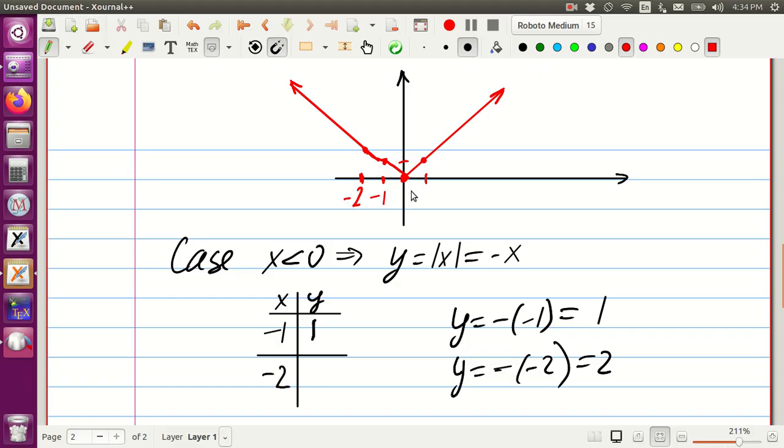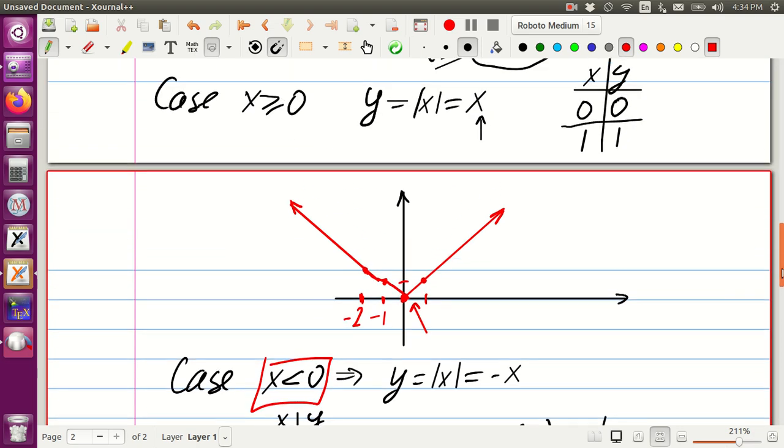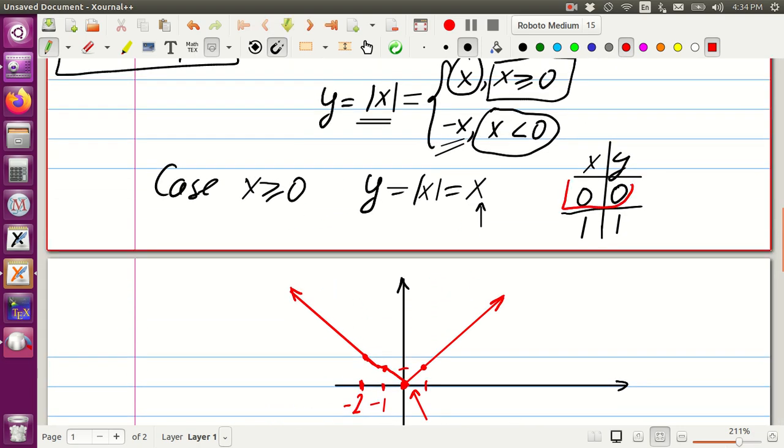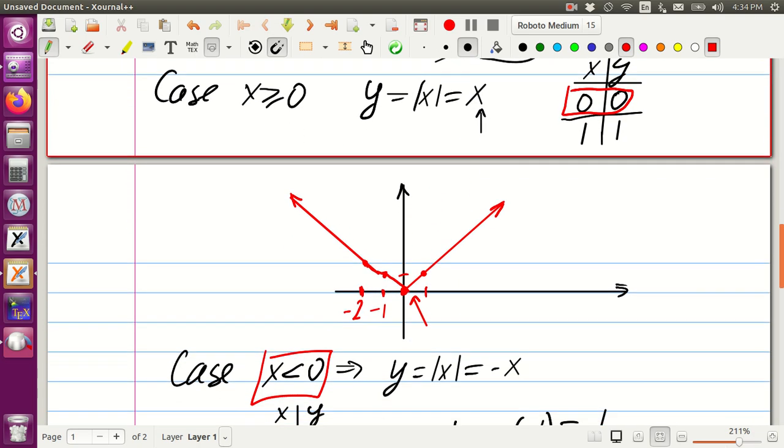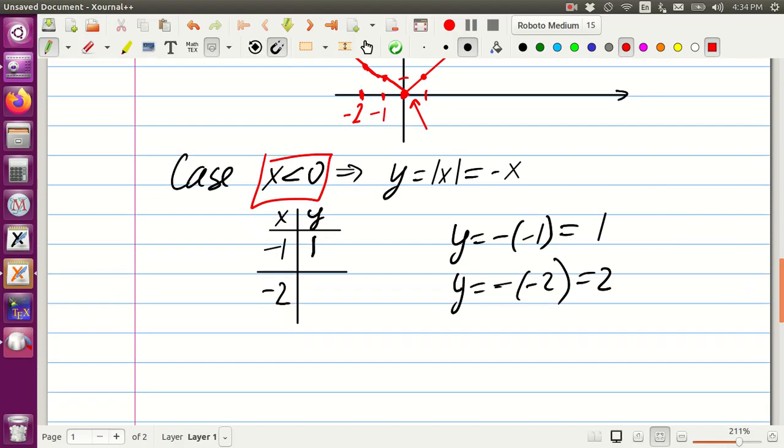The only thing to worry about is what happens over here. Since x is strictly less than 0, we would have to put a hole for the left line at the origin, but it's also defined for the right piece, so it's fine to just have it filled in, because for the right piece it was perfectly fine here. All right, so this is our absolute value function.